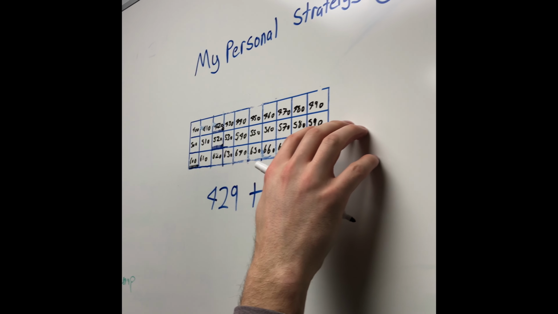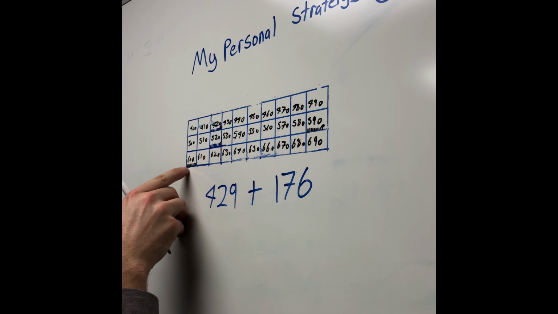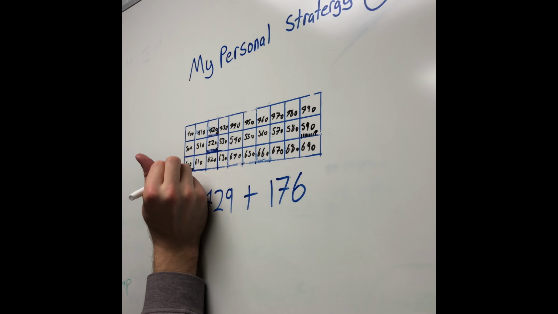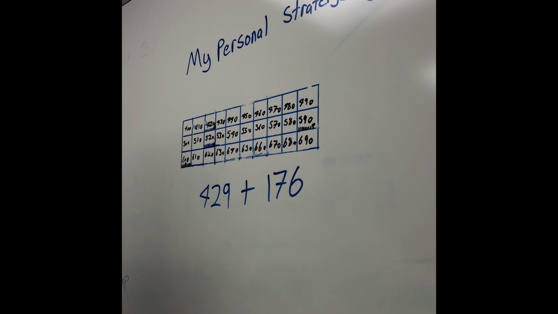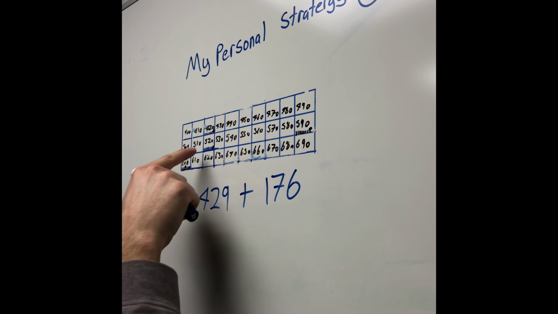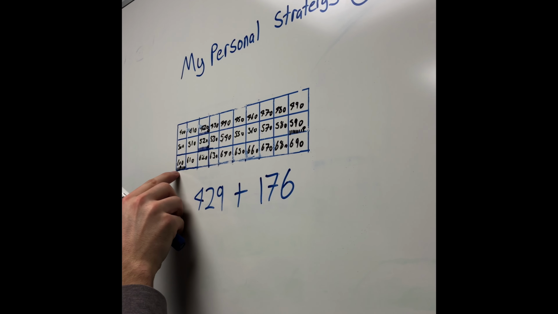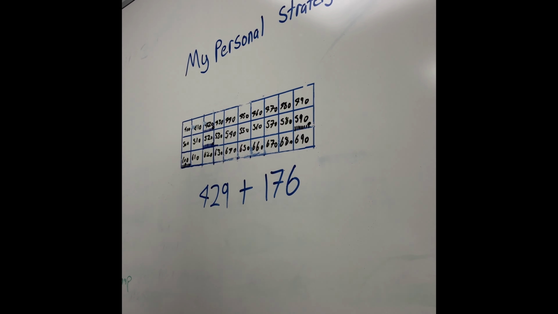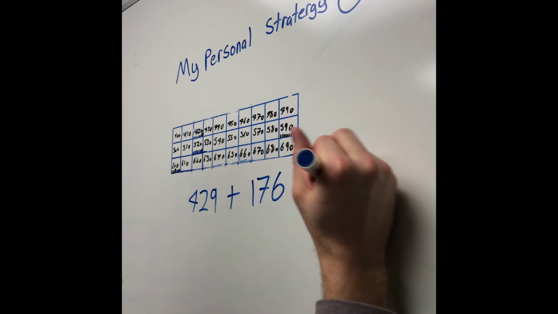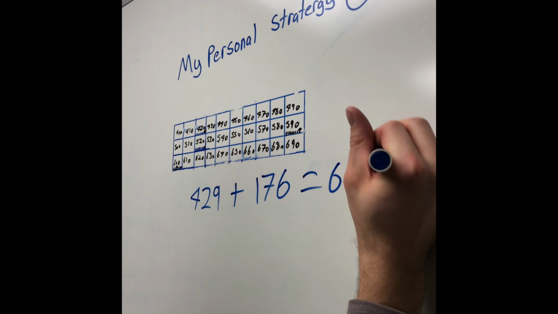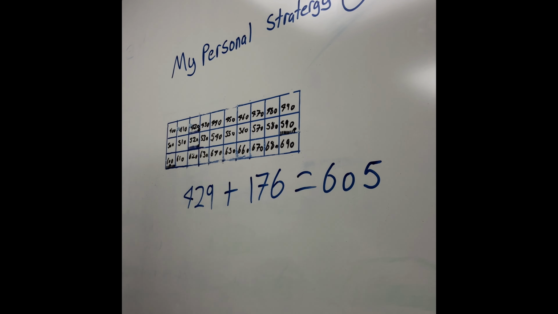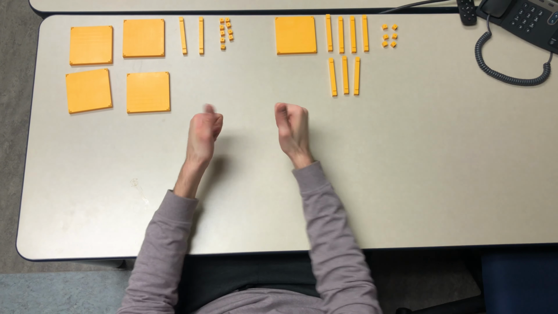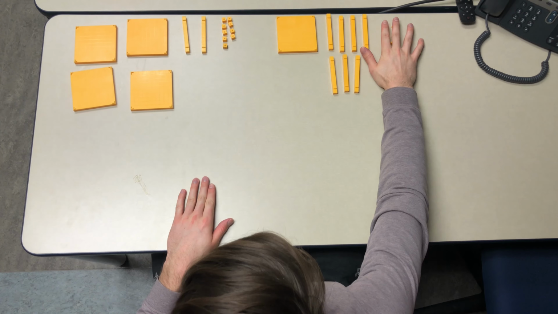Because of this strategy, I have found it nice and easy to break it down and get that correct answer. As you see Tom on the board doing his best to count exact, he will find out that he has indeed gone 170 and then 6 more. There we go, we get an accurate answer of 605. Well done, Tom.